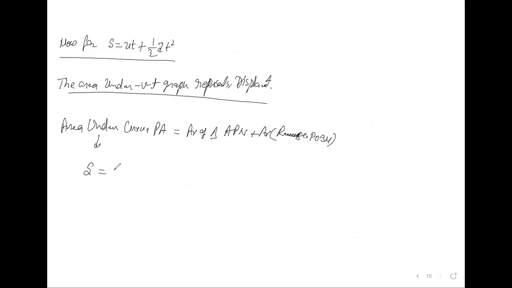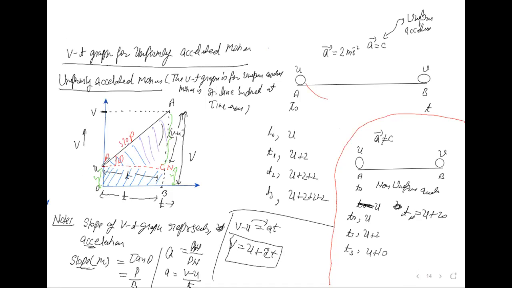The area of triangle is half base into height, plus the area of rectangle, which is length into breadth, PN into PO.